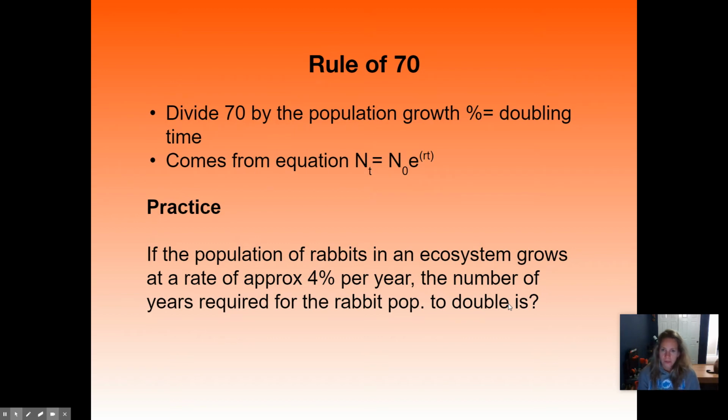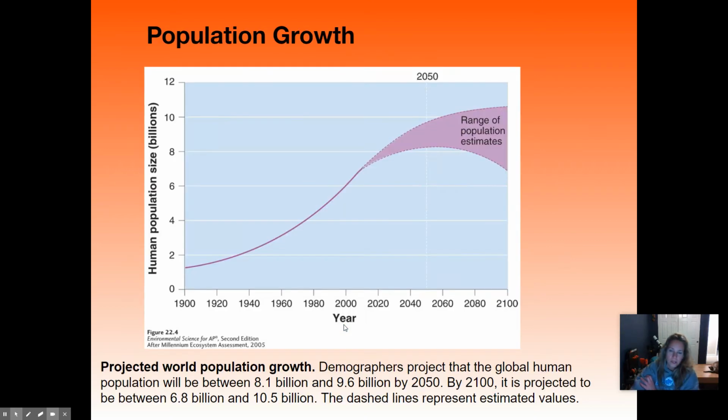So 17 and a half years for the population of that rabbit to double. So that community of rabbits, it would take 17 and a half years to double. So whatever they have now, it would take 17 and a half years to be double. So that's the rule of 70, and that comes up quite a bit. So definitely make sure you understand the rule of 70. And I do have some practice in the math for you guys.